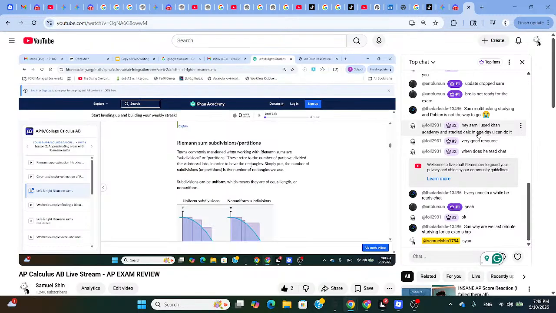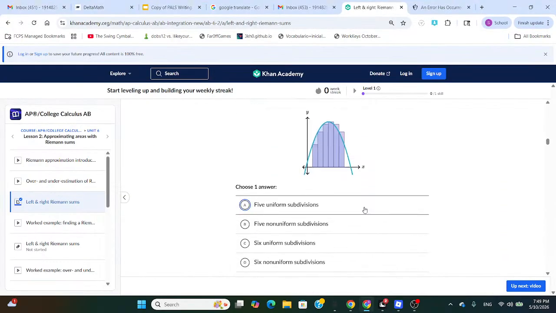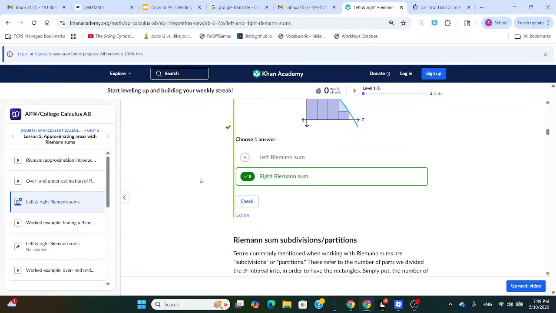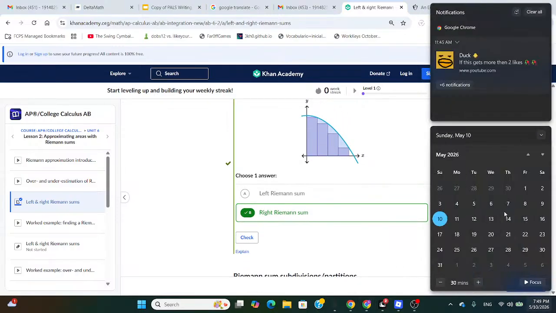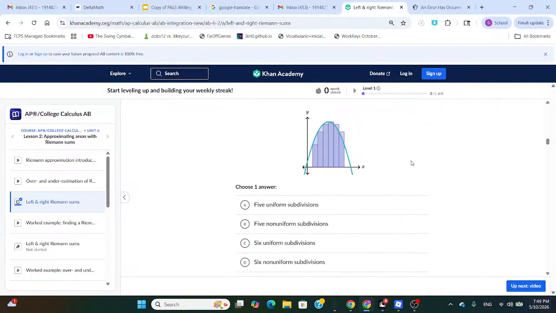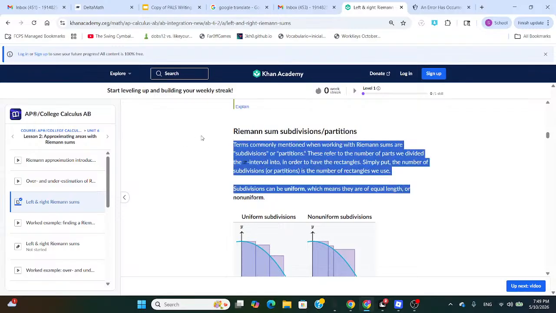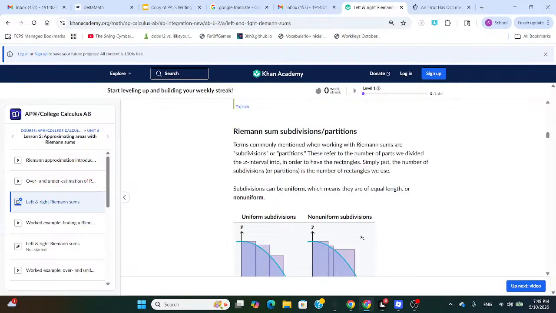If I read the chat, that means I'm not focusing, dog. So you guys can watch it, but I'm not gonna answer the chat, bro. What's more important, the AP exam tomorrow, which is in approximately 12 hours from now, or reading the chat? If I read the chat, I'm gonna get distracted. I'll only read chat if I'm playing a game or something, but this is math, bro. Has to be an educational video.